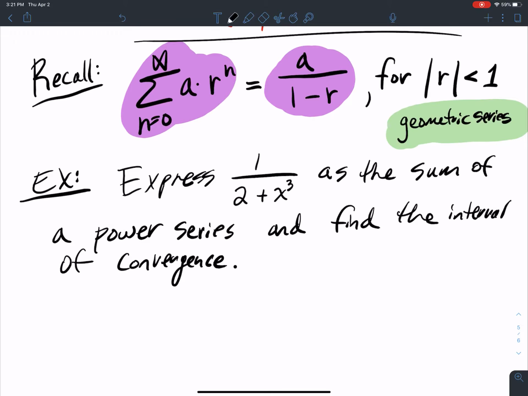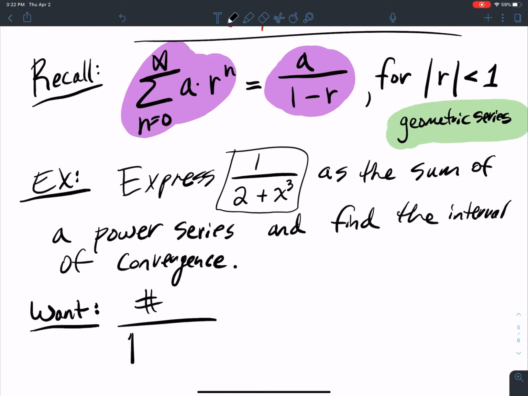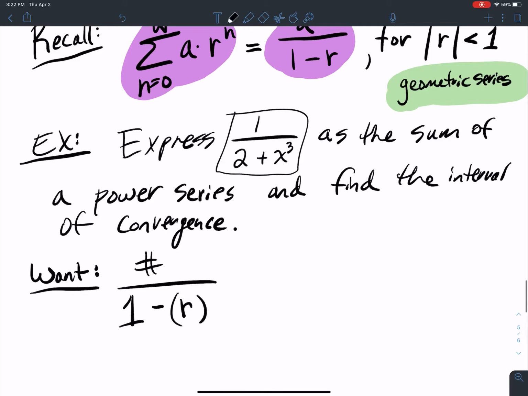I've got to make my function look like some number divided by 1 minus some ratio, whatever that thing is, a variable with some numbers in it. That's what I want. Right now I have 1 over 2 plus x cubed.